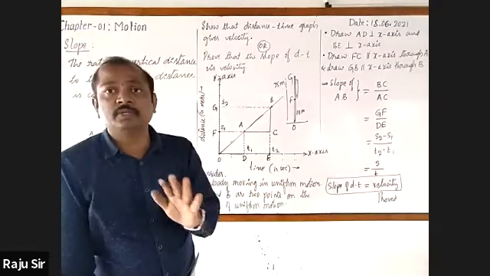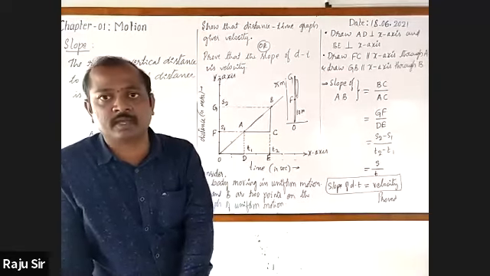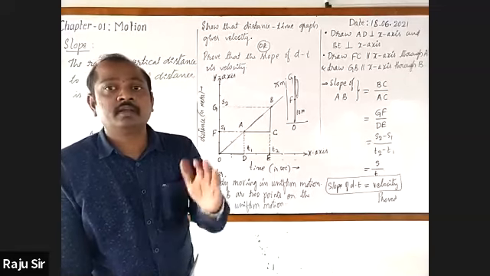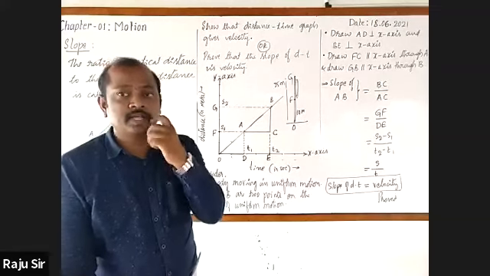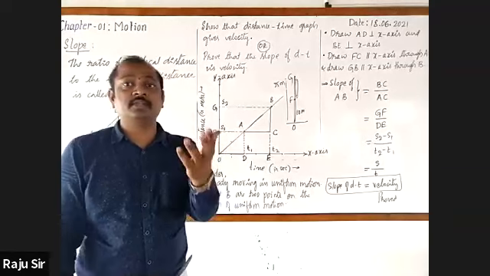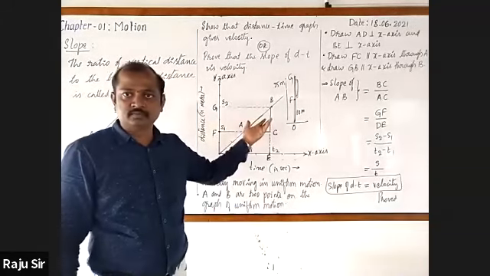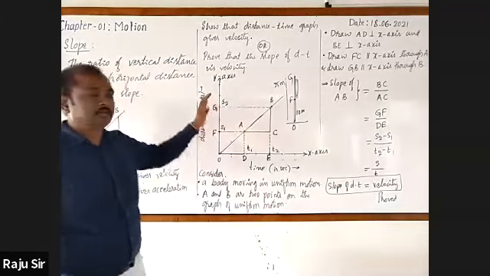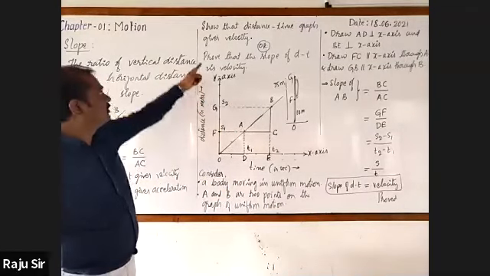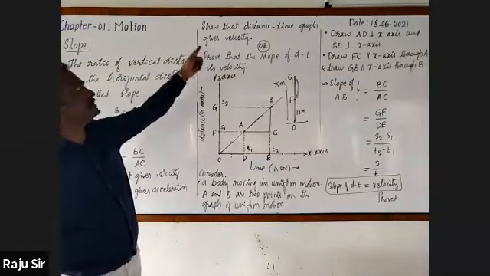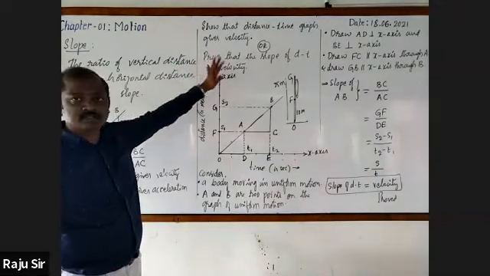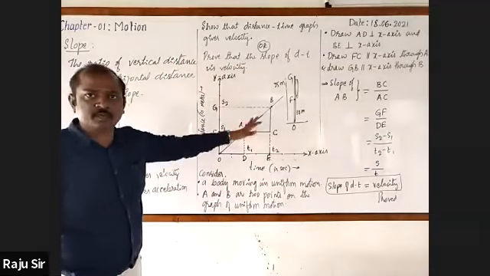It is important from the examination point of view. It is also there in your textbook. Earlier, for 9th class also, it was given in the board examination. The question is, show that the distance time graph gives velocity. Means DT graph gives velocity.